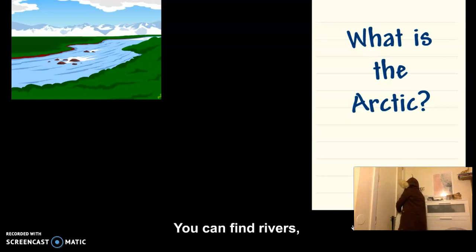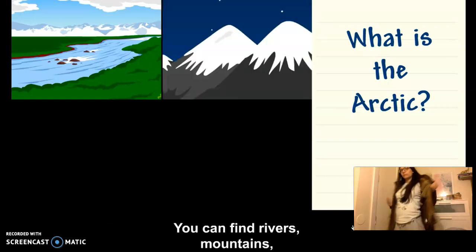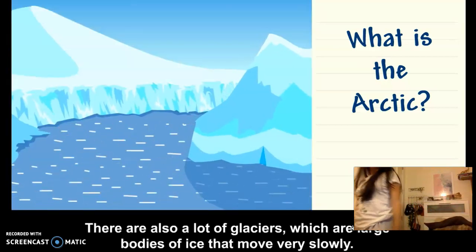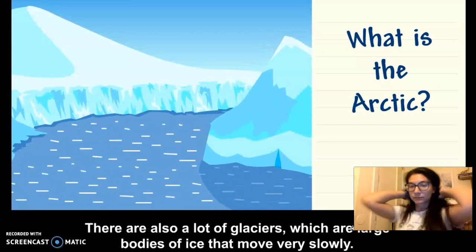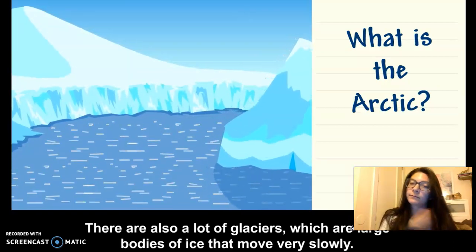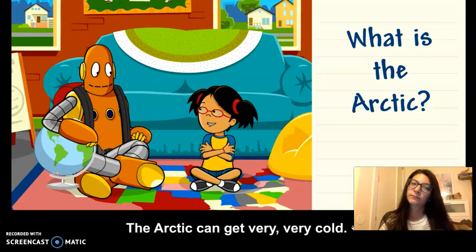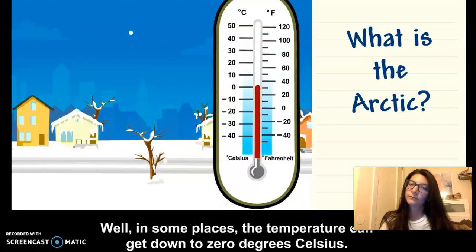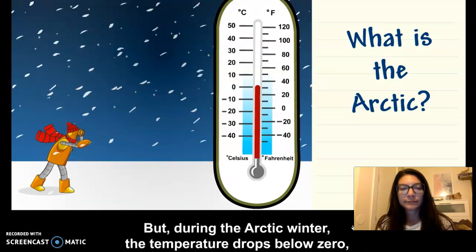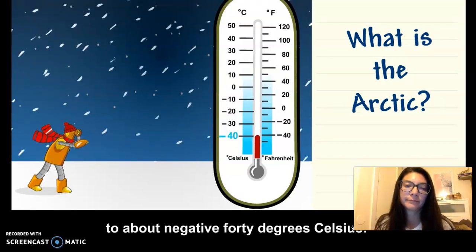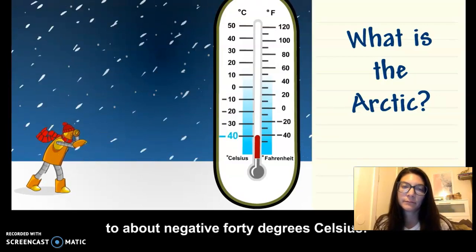You can find rivers, mountains, forests, and prairies in the Arctic. There are also a lot of glaciers, which are large bodies of ice that move very slowly. The Arctic can get very, very cold. Well, in some places, the temperature can get down to 0 degrees Celsius. But during the Arctic winter, the temperature drops below 0 to about -40 degrees Celsius.